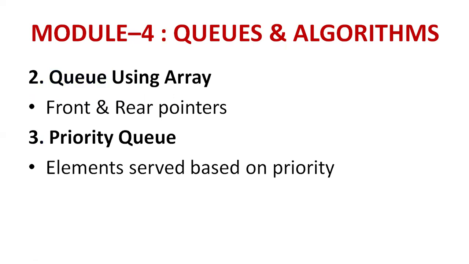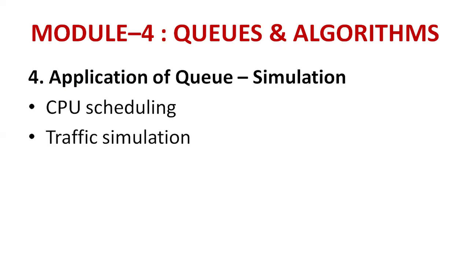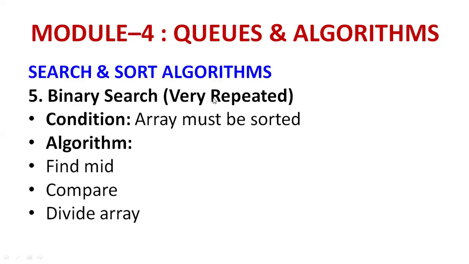Queue using an array involves front and rear pointers. A priority queue is where elements are served based on priority. That is called a priority queue. Elements are arranged according to their priority. Give some examples also. Applications of queues, for example, CPU scheduling and traffic simulation. These are the applications of queues, right?